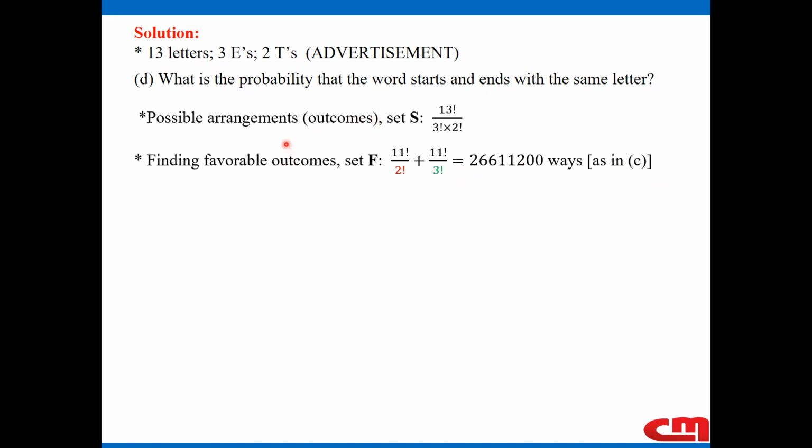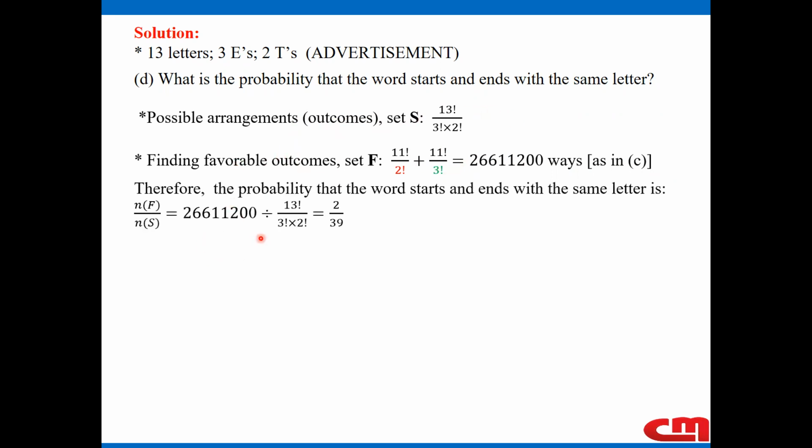So now that we have our sample space and the favorable outcomes, the probability that the word starts and ends with the same letter is the number of items in set F, our favorable, over the number of items in set S, our possible outcomes. So we have this to represent this.